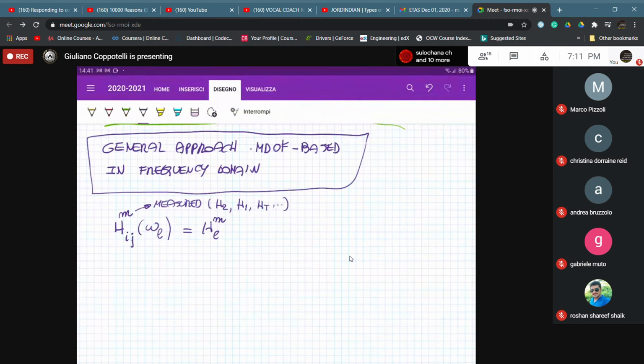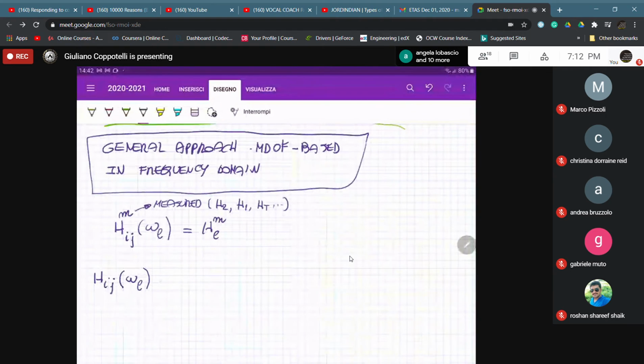Then what you got here is the same FRF Hij referred to the same L frequency line. We can call that HL, and this HL could be viewed as the synthesis of your modal parameters.